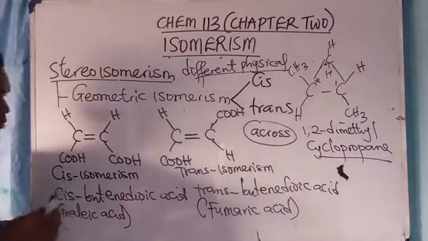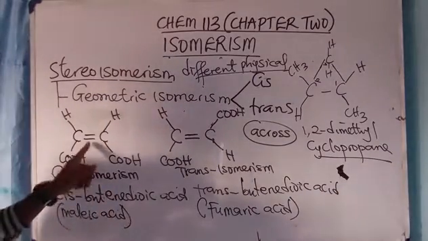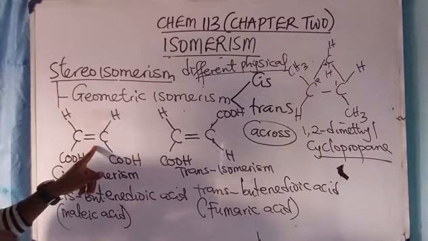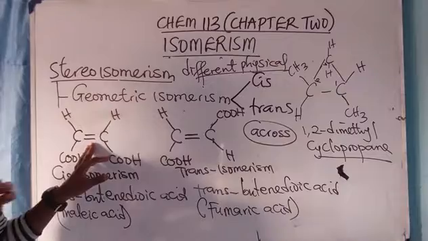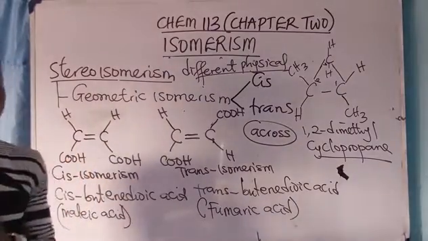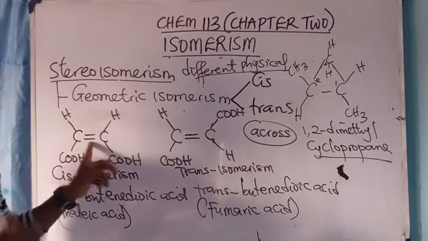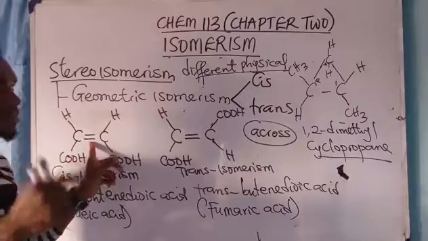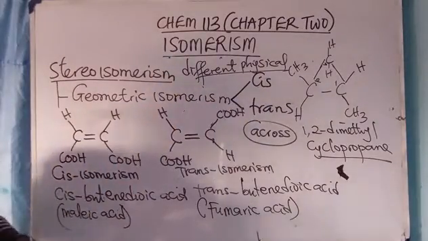Geometric type of compound have the same chemical properties because of what? These double bonds that they have in common. And that double bond is an atom or a group of atoms, a bond or group of bonds that are responsible for the chemical properties of an element. Please, they have the same chemical properties but different what? Physical properties.